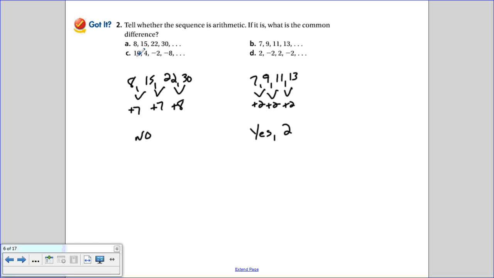Okay, the difference in part C is minus 6 from 4 to 2, minus 6 from negative 2 to negative 8, minus 6. So yes, it is arithmetic. The common difference is negative 6. The difference between 2 and negative 2 is negative 4. From negative 2 to 2, it's positive 4, and then back to negative 4. So that is not arithmetic.